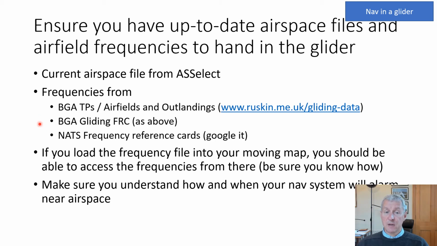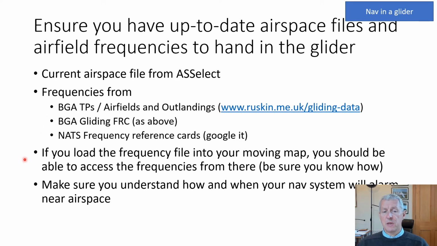There's the BGA gliding frequency reference card, which is in the same distribution package as the turning points and airfields and outlandings files, and that's a piece of paper with gliding airfield frequencies on should we need to land out at one of those. And NATS publish frequency reference cards for airfields. So if we're just working off pieces of paper, we can take these last two.